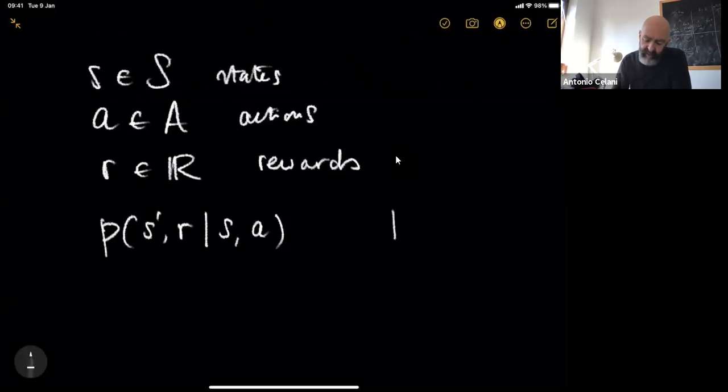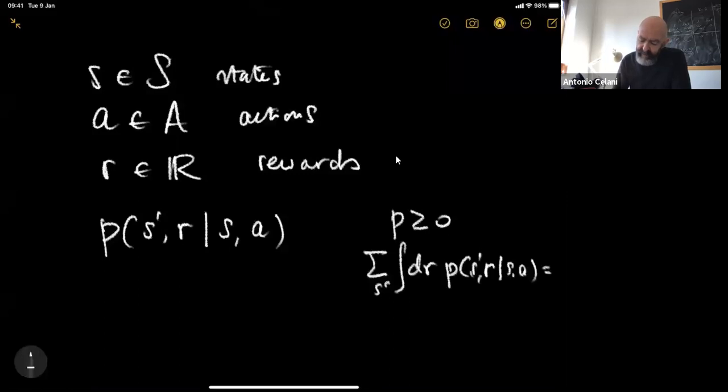It means that all these p's are larger than 0, and if we sum over all s prime and integrate over all dr, our p of s prime, r given s, a is equal to 1 for every state-action pair. So it's always properly normalized. And like I said, you can also make additional assumptions about how well it behaves. This is what is usually called the model of the environment.